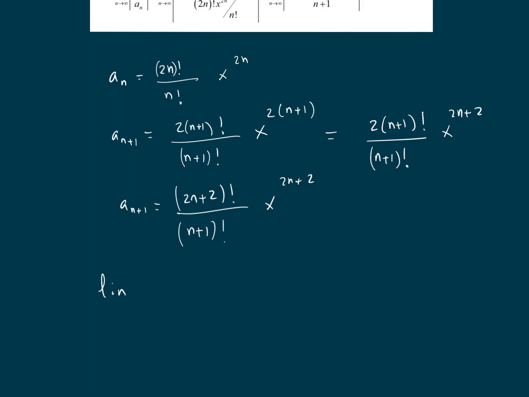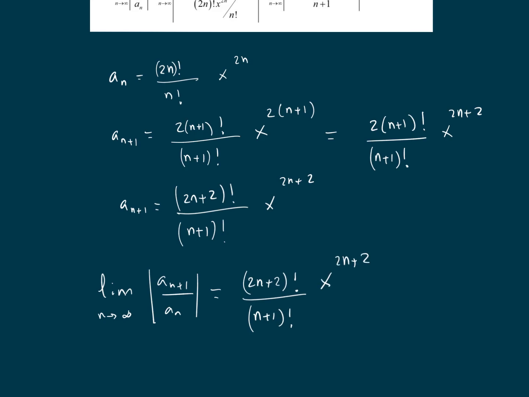So the limit when n goes to infinity of a sub n plus 1 divided by a sub n in absolute value is equal to 2n plus 2 factorial divided by n plus 1 factorial, x to the 2n plus 2, multiplied, instead of divided, by the flipped a sub n: n factorial divided by 2n factorial, x to the 2n.